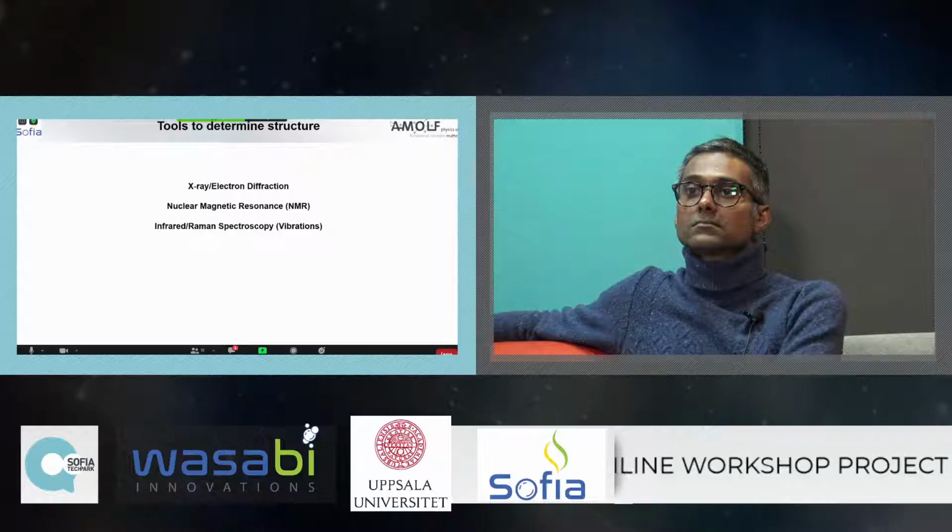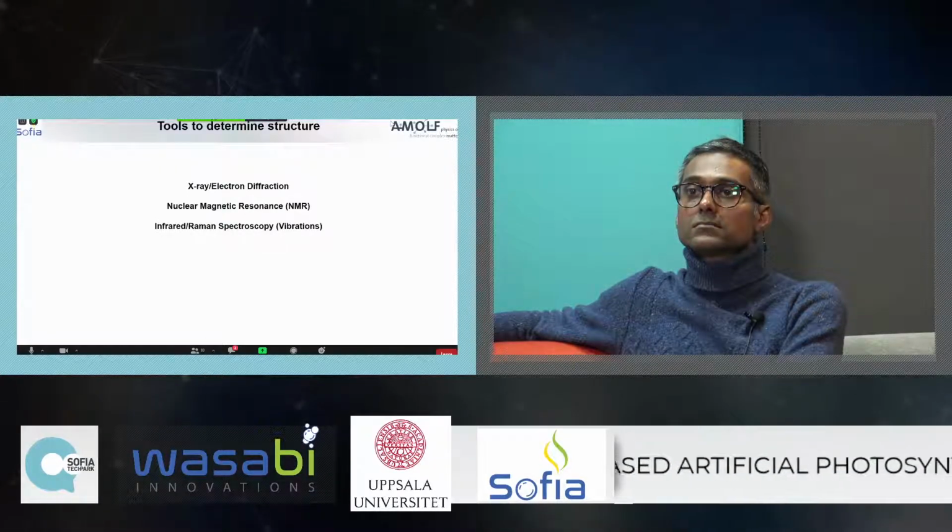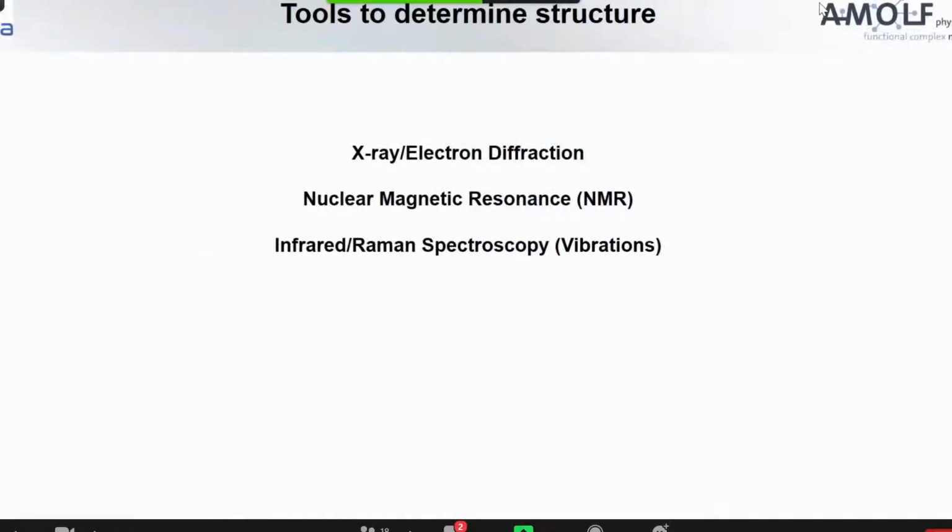Or with a mid-IR source, they can do optical spectroscopy and look at the vibrations of a molecule. Using vibrations, they can look at local structures, as well as get information about the surroundings of the reactants participating in the chemical reaction.